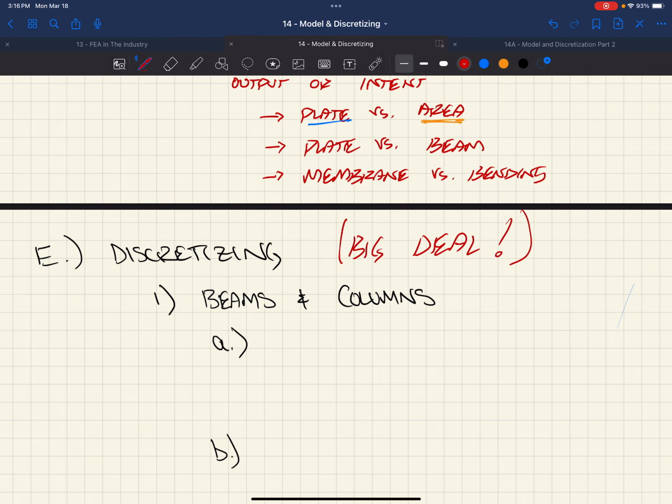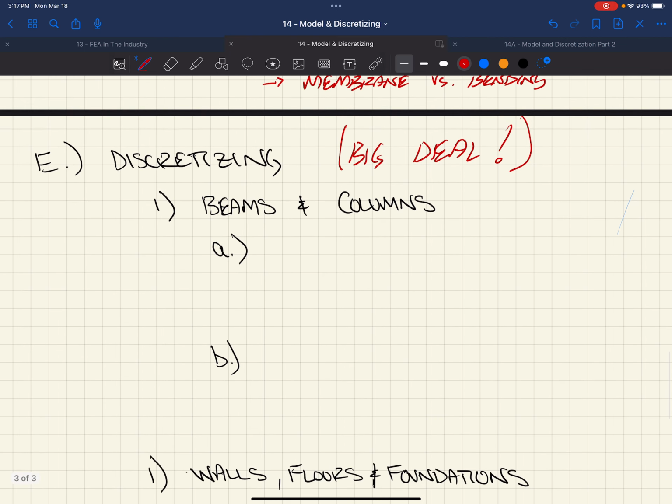And so when we look at discretizing beams and columns, we really are interested in, we need to capture connectivity and compatibility.